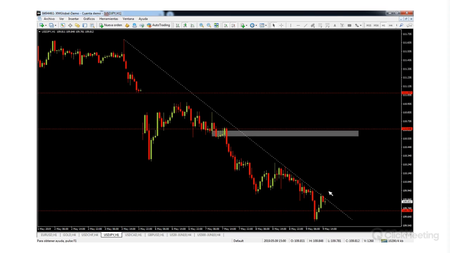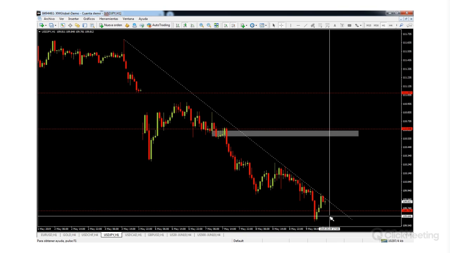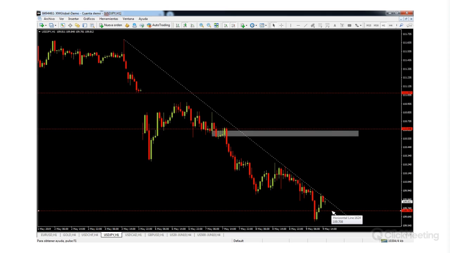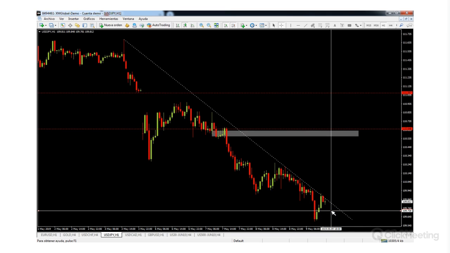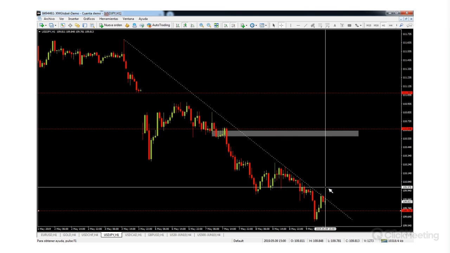Normally an aggressive trade on the US dollar versus the Japanese yen at around the 109.65, 109.70 level. But I am not an aggressive trader. You already know that. After I see buyers coming into the market and pushing price up, I need confirmation, and my confirmation would be not only a break above the trend line, but a break above the previous high.